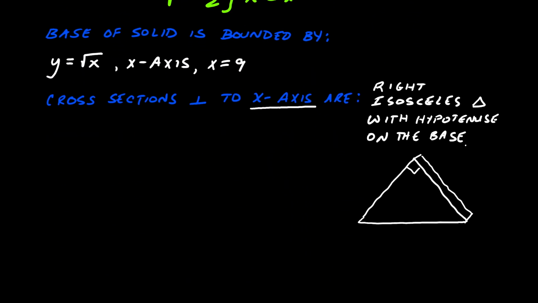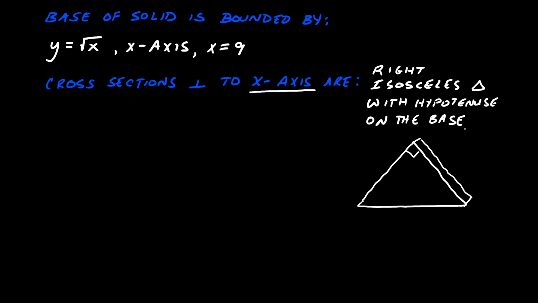Another case. Now let's say it's a right isosceles triangle with the hypotenuse on the base. So now I'm looking here. Rather than draw the picture out, we're going to realize that this is perpendicular to the x-axis. And we know this is our y value. And we just need to determine what the area of this face is. What is A? We know that we can look at this several different ways.